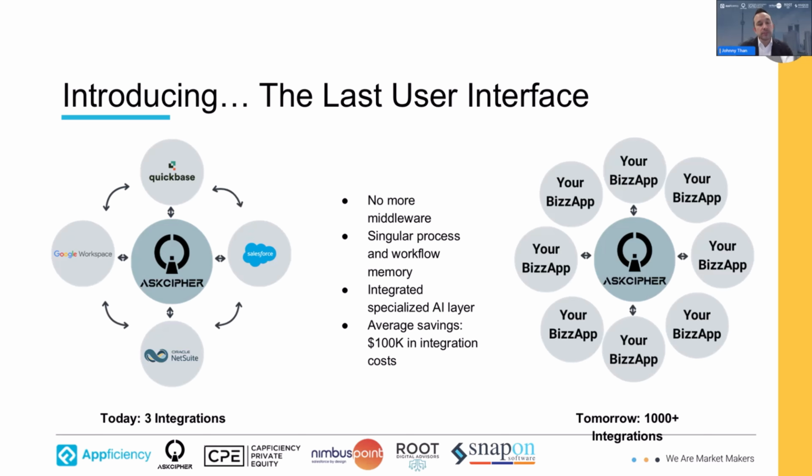The importance of that is now your workflow can be significantly consistent across it. And the layer allows you to do things that you couldn't do before. For example, it can remember how your data model in QuickBase lines up with your data model in Salesforce or NetSuite. That would be true for your Google Workspace, true for your Bamboo, true for your Coupa, true for your WMS.